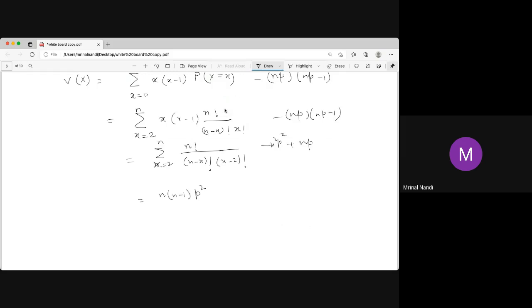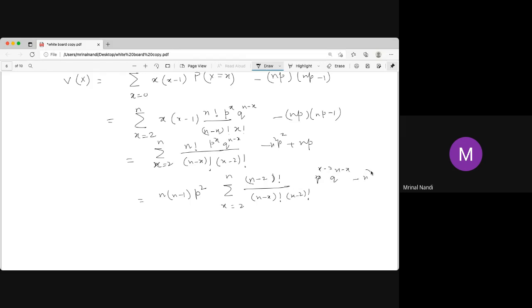Oh, sorry. There must be p to the power x, q to the power n minus x. So you take p square common, then x equal to 2 to n, n minus 2 factorial into n divided by (n minus x) factorial and x minus 2 factorial, and then p to the power x minus 2 and q to the power n minus x.